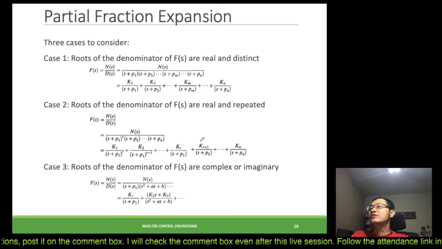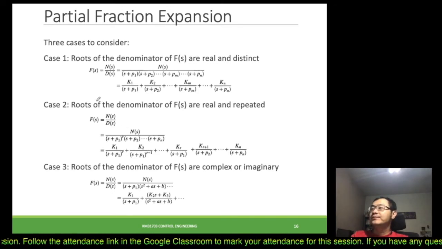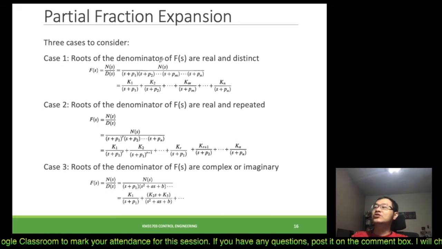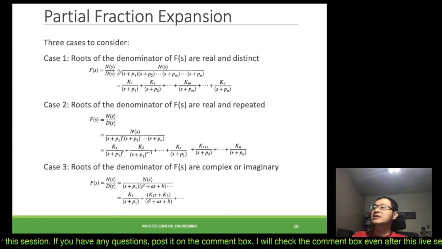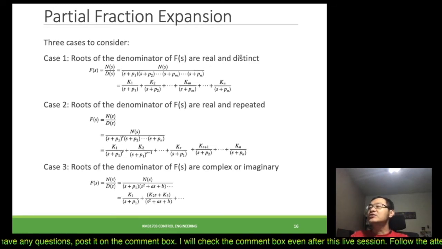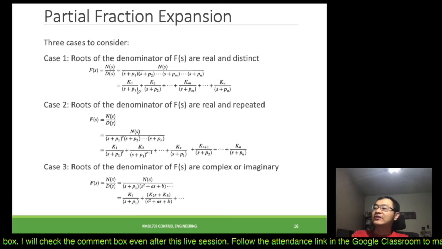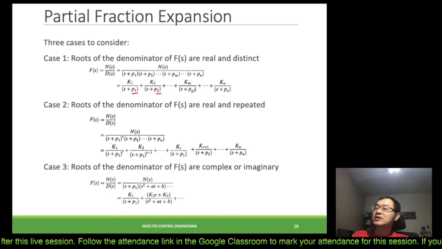When we deal with the partial fractions expansions, remember there would be 3 types of cases to consider. The first case would be the roots of the denominator, the bottom section, are real and distinct. Real and distinct means they are different. You can see that s plus p1, p2, p3, and so on.